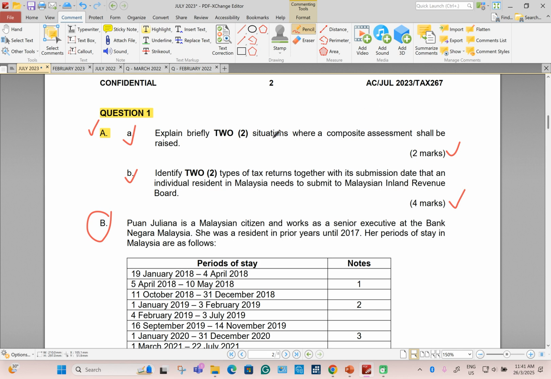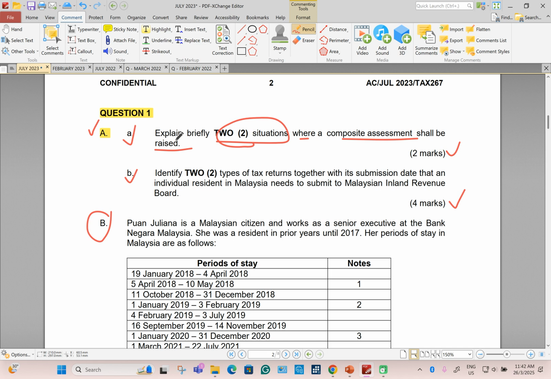Okay. Explain briefly two situations where a composite assessment shall be raised. Guys, there are a few assessments that we already discussed during the lecture, isn't it? And one of the assessments is composite assessment. So first you need to understand the question. The question is asking about what?